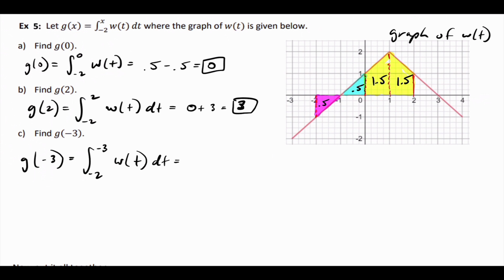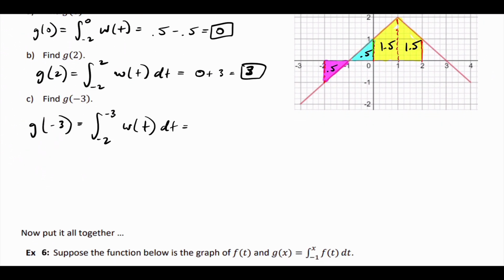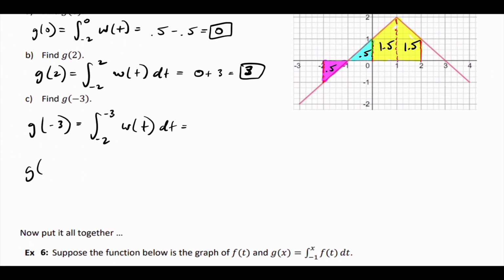I can only go right. So what I have to do is switch the bounds. To do that, you just flip-flop them, but you need a negative 1 in front. So now it's from negative 3 to negative 2.